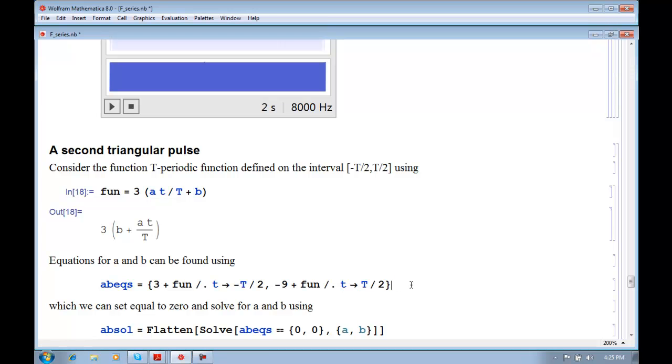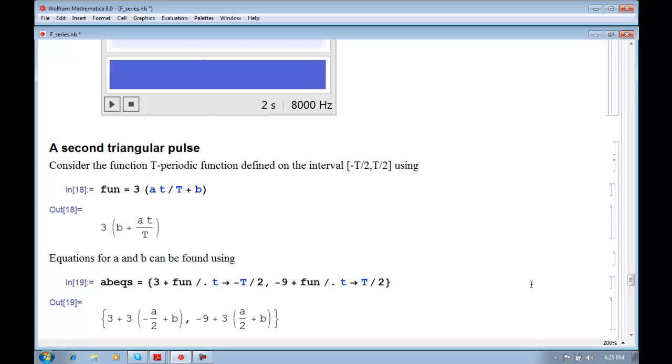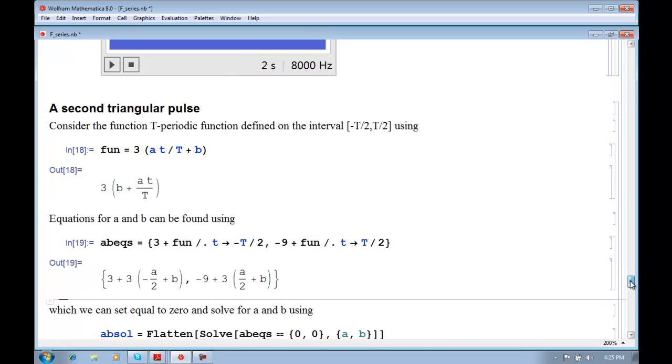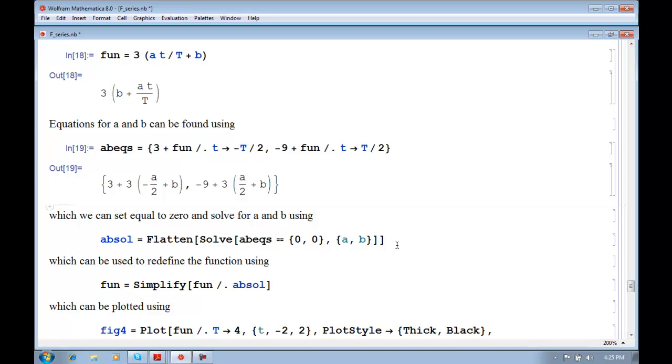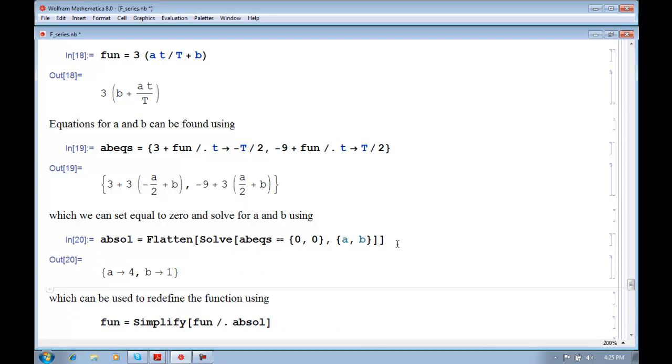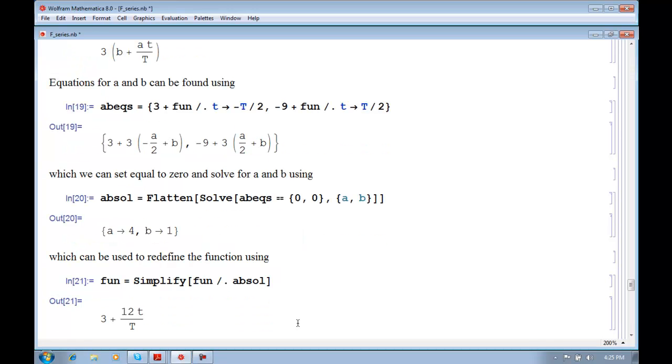So we can get a couple of equations for a and b out of that, and solve for a and b, and then we can redefine the function so that it has the correct properties, like so.